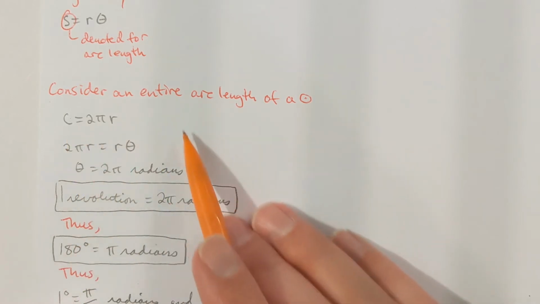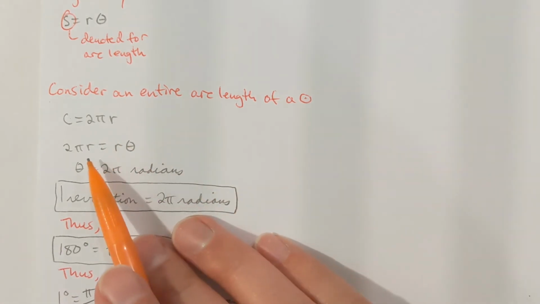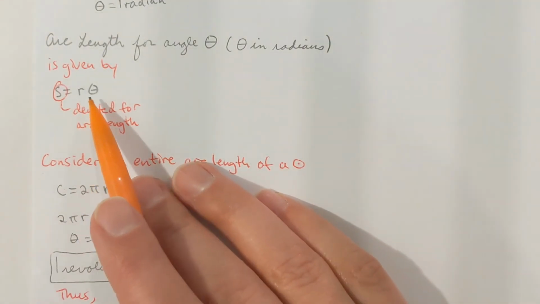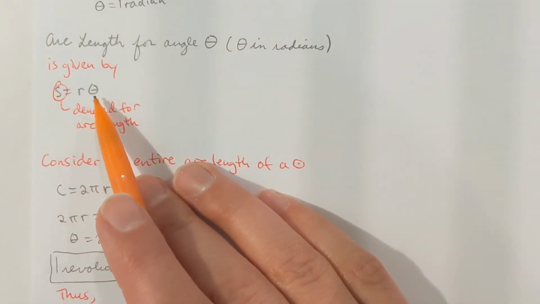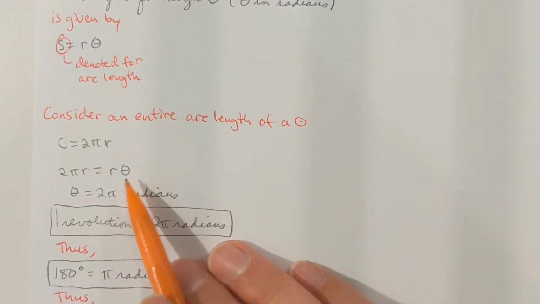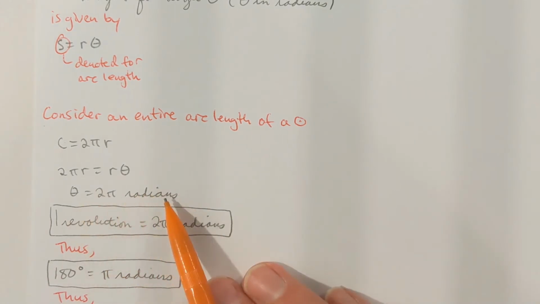So the arc length around the entire circle would be 2 pi times the radius, which is also the circumference of a circle. If I set 2 pi times the radius equal to the general formula for the arc length, then solving for theta, you want to divide both sides by r, you have theta equal 2 pi radians.